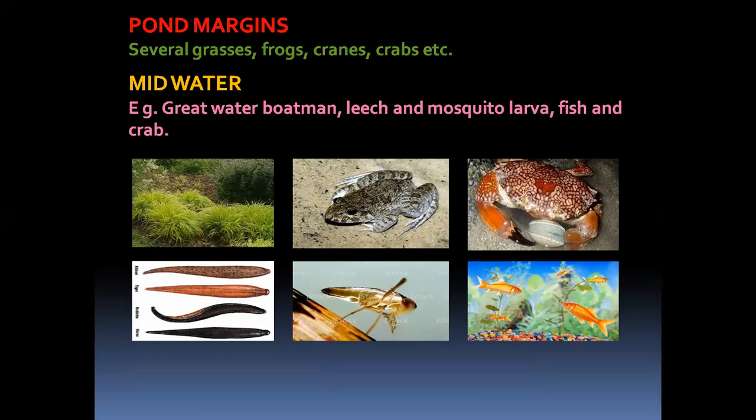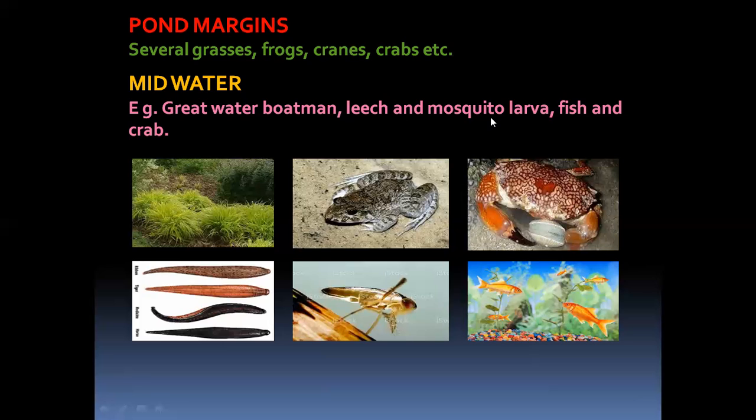Now pond margin. In the pond margin you will find several grasses, frogs, cranes, crabs, etc. You can see the picture also, children. Next, mid-water. In mid-water you will find water boatman, leech. This is the leech picture.